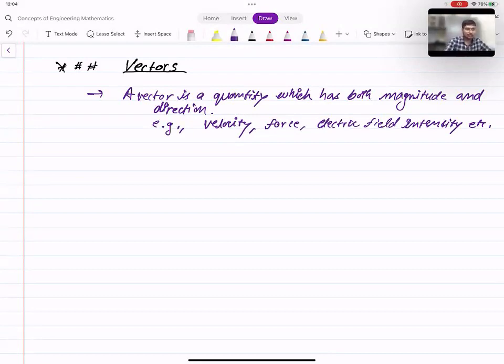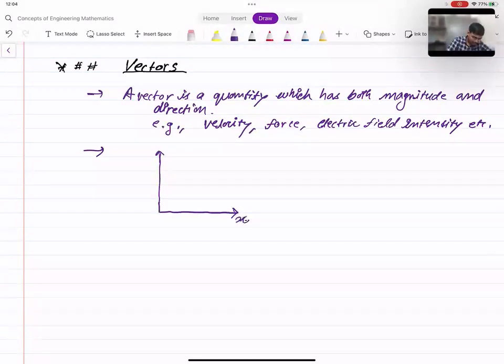So let us now see how a vector is represented and resolved. Okay, so we have a coordinate system. Suppose we have x and y. This we can use to represent the direction.